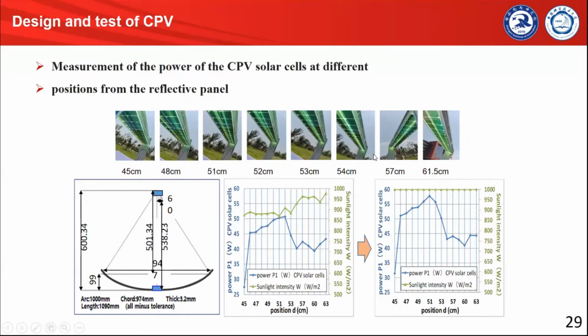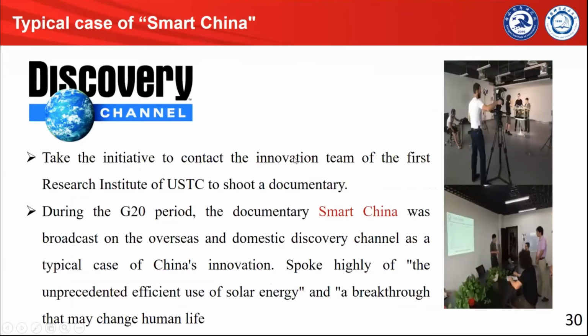This design idea was featured in a video called Smart China in 2016, made by Discovery in China. They really like this idea, and they made a broadcast to promote this design.